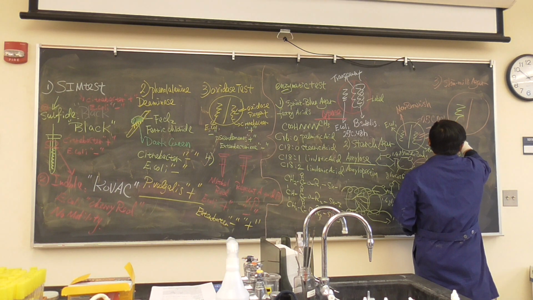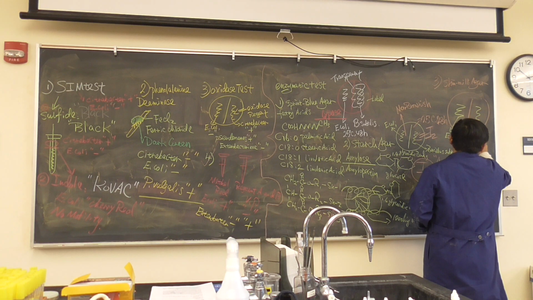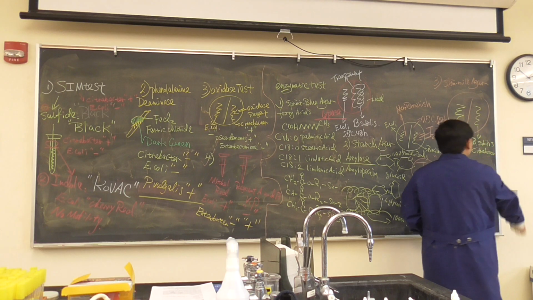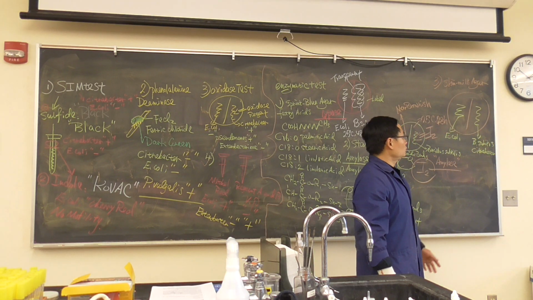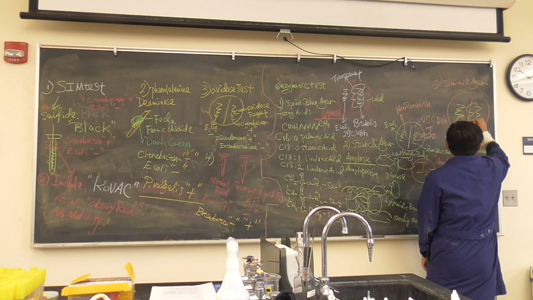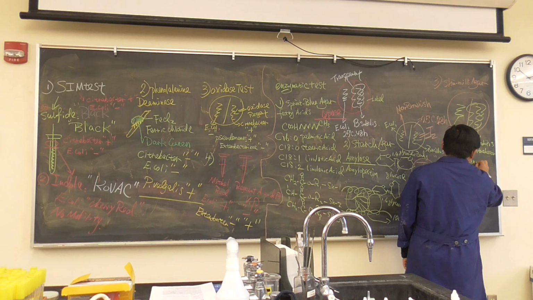Left side, we inoculate E. coli. Right side, we inoculate Bacillus subtilis or Citrobacter. And what do we do? We incubate, and then we look for a transparent zone.